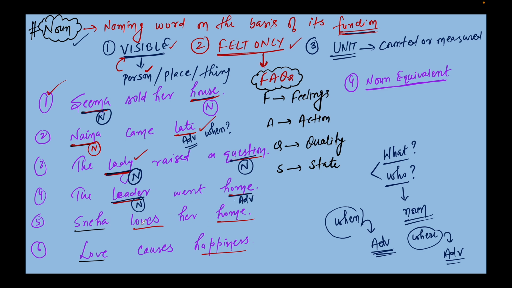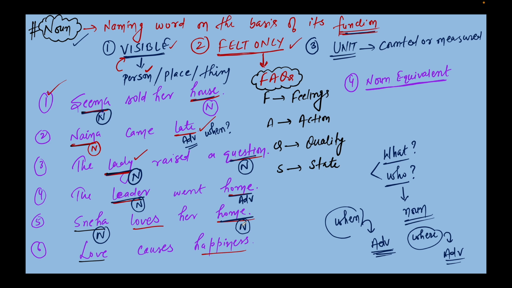Now come to the fifth example. Sneha loves her home. So who loves her home? Of course, Sneha. So Sneha will be a noun here. Okay, Sneha loves what? It is giving the answer of what, then it will be known as a noun.